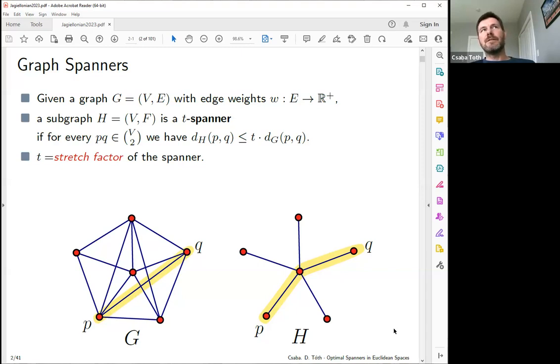A t-spanner is a subgraph of G that approximates the graph distance between any two vertices up to a factor of t, the distortion, often called the stretch factor. In particular, it's a spanning graph.